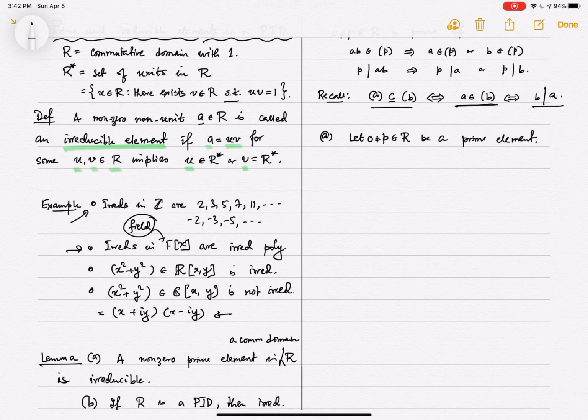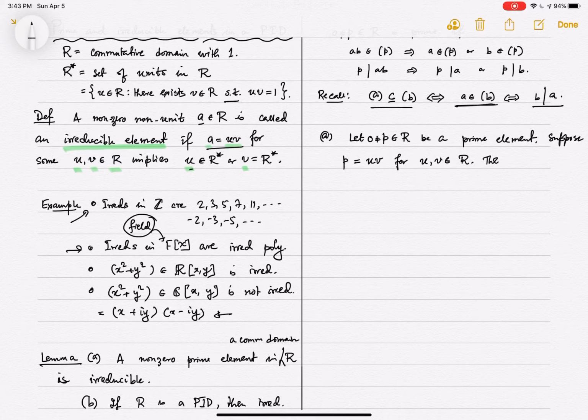What do I want to show? I want to show that it's irreducible. Means what? Means that when you write it as a product of two things, one of the factors is just a unit. So suppose I write P as a product of two things, P equals u times v, for some u, v in R.